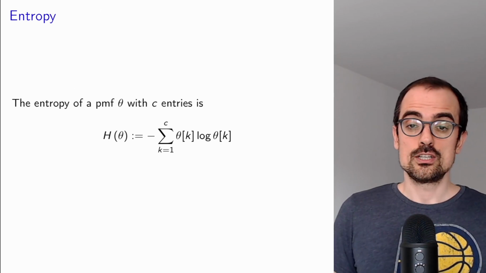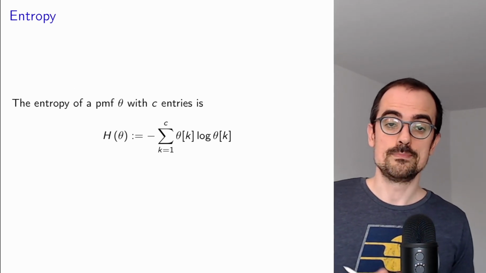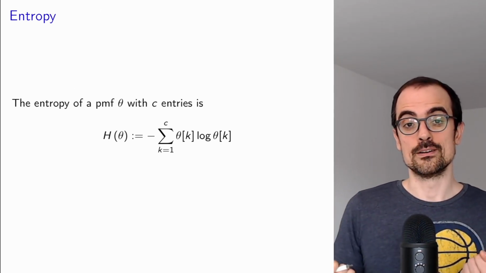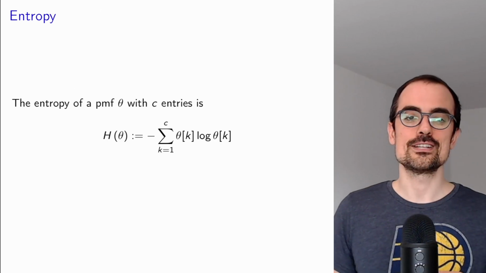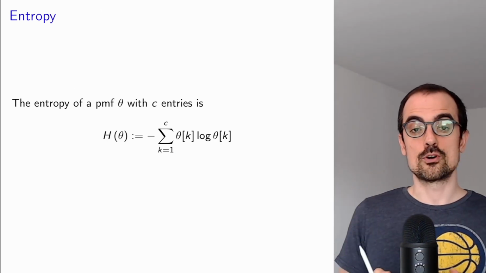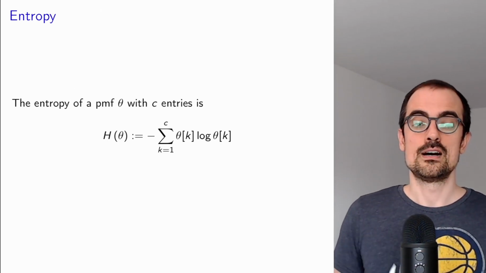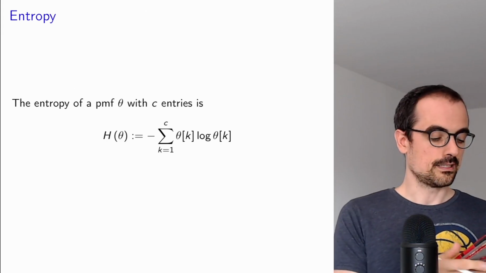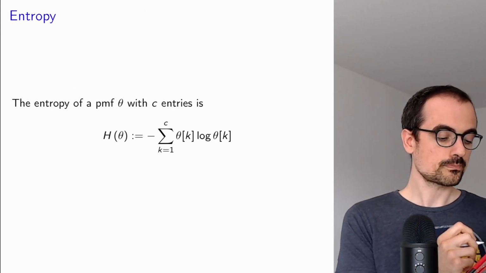There's a very interesting connection between this way of building a tree and the entropy of a PMF. Okay, so in case you have never heard of entropy, entropy is a measure for the information within a random variable, and this is how it looks.